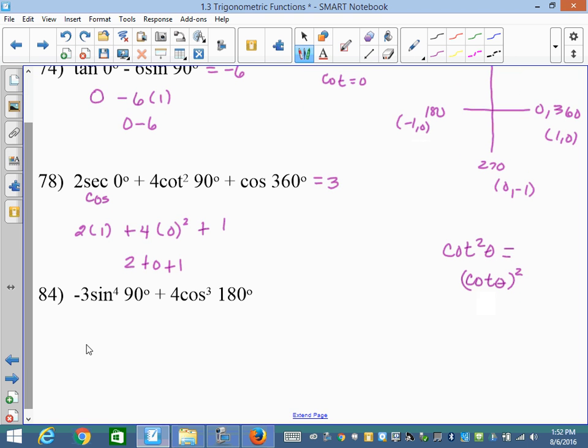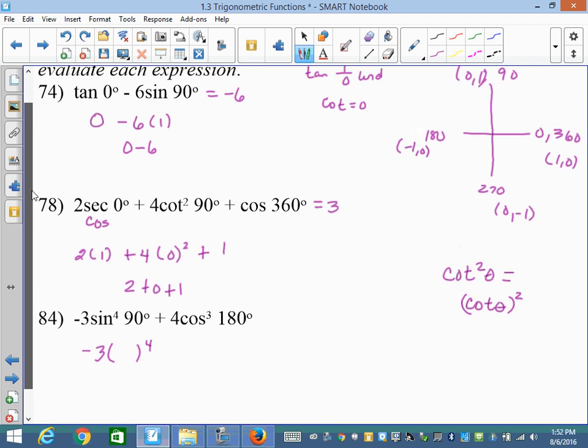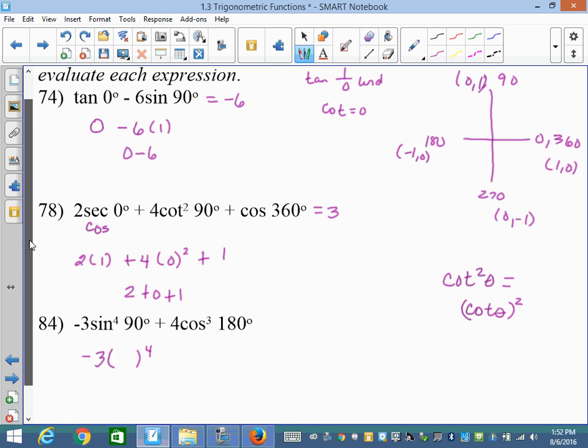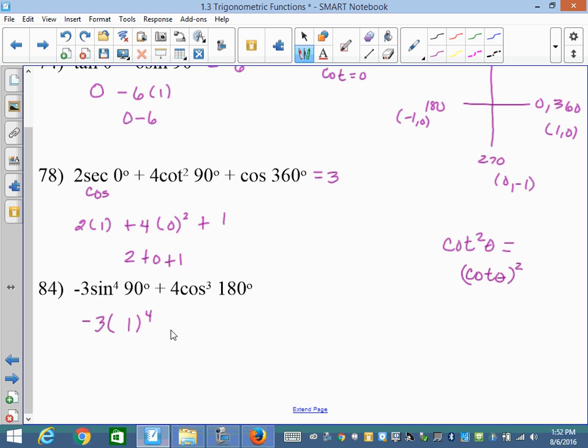Last one. -3 times something to the 4th power. Sine of 90, well, we did that up here. Sine of 90 is 1. So 1, plus 4, and then something cubed, with the cosine of 180.